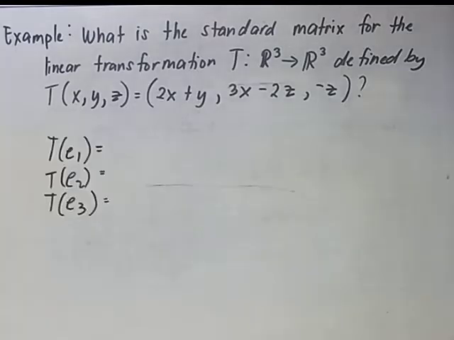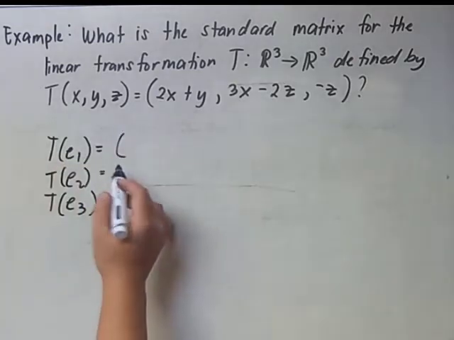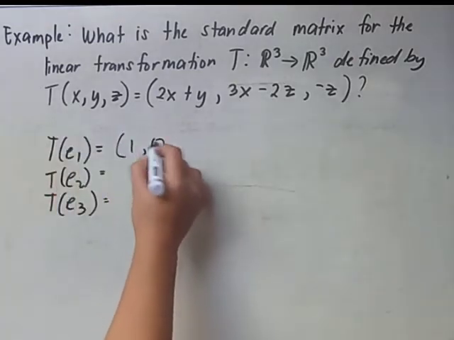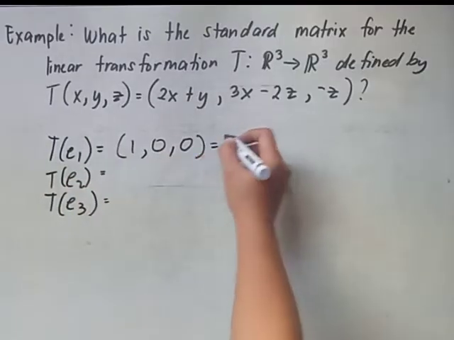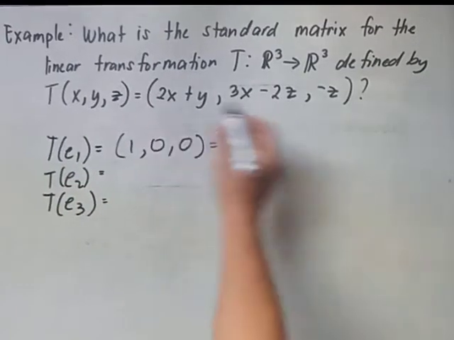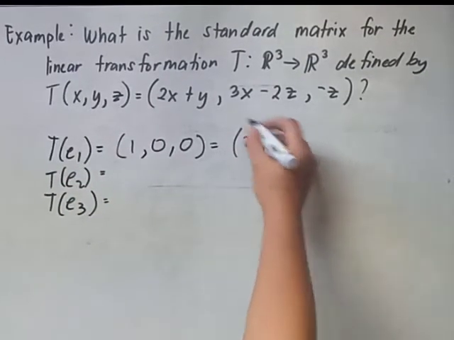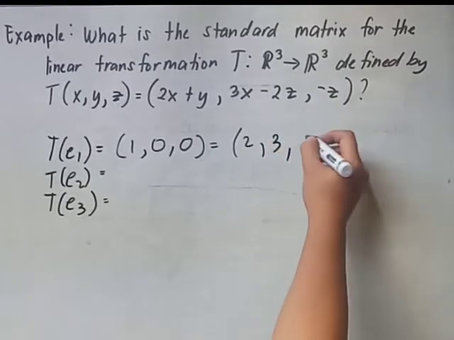From this function notation, we get the transformations of e sub 1, e sub 2, and e sub 3. For e sub 1, where x is 1, 0, 0, we get 2, 3, and 0.